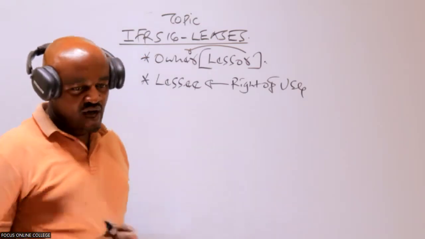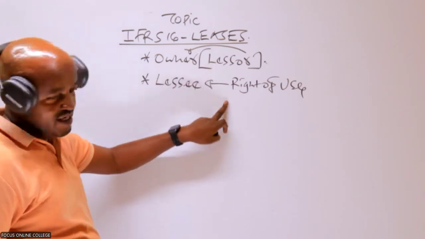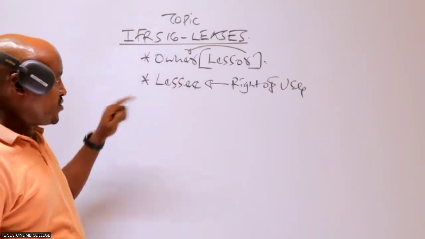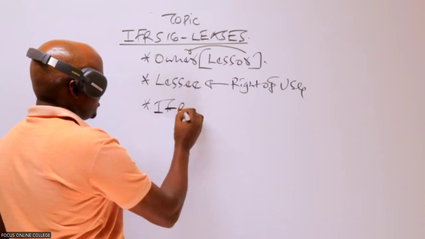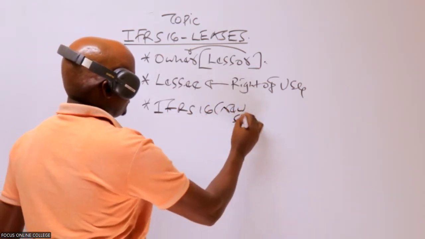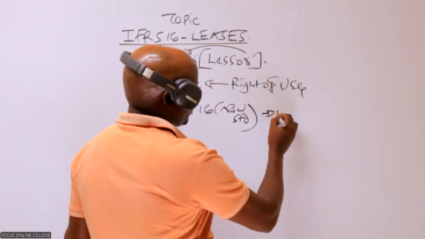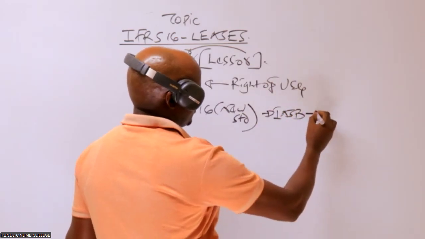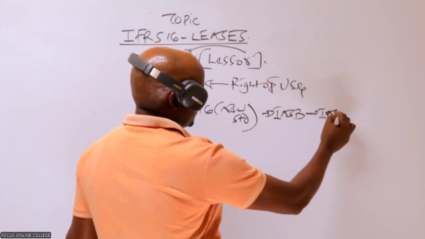Now, how are leases accounted for? Leases are accounted for by these two parties in accordance with this particular standard, IFRS 16. It is also important for me to mention that IFRS 16 is a new standard, which was issued by a body called the International Accounting Standards Board to replace the old standard on leases, that is IAS 17.